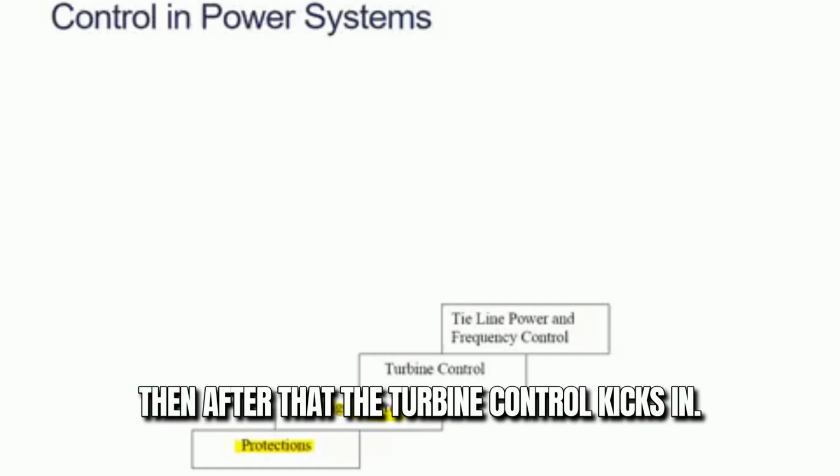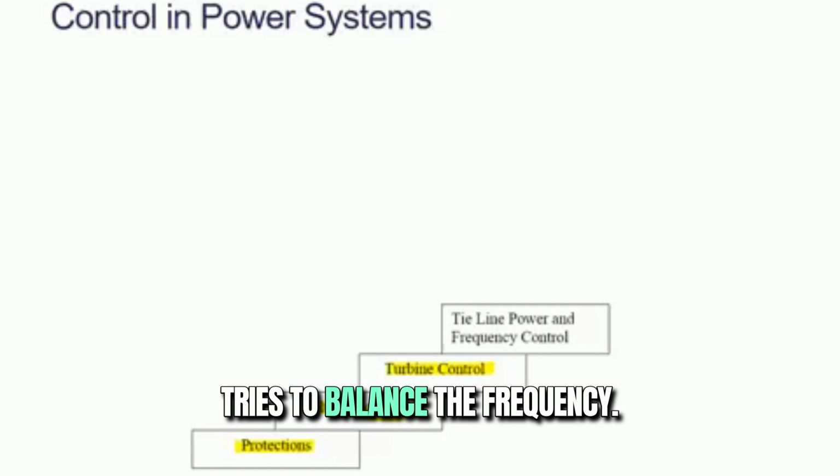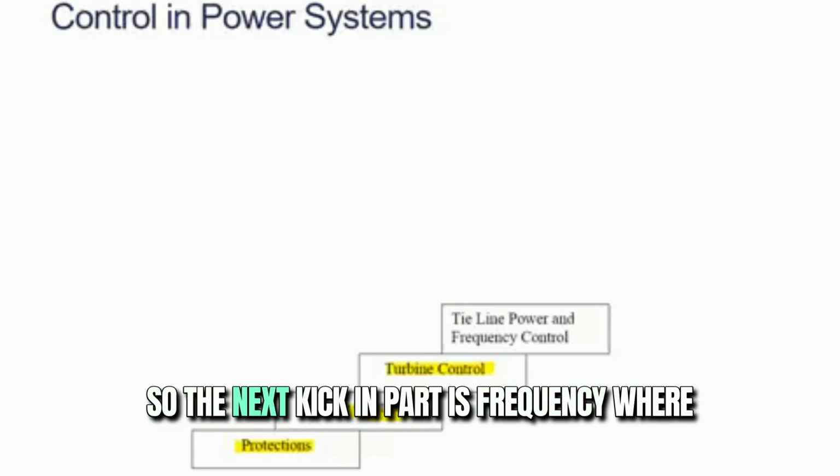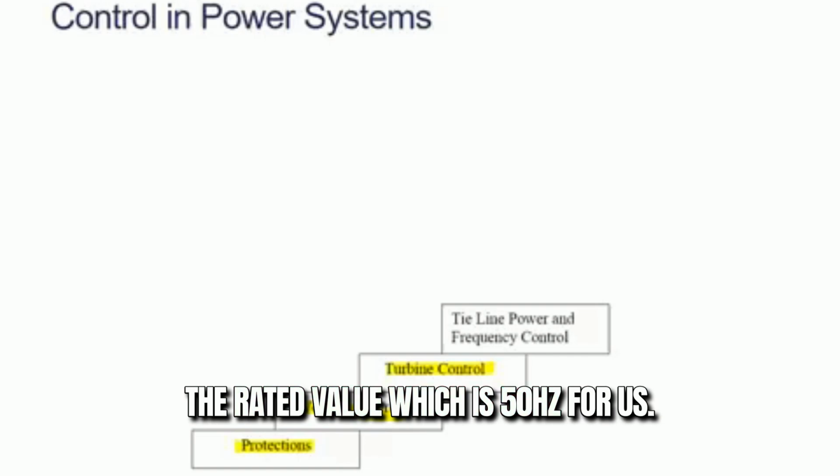And then after that the turbine control kicks in. Turbine control actually tries to balance the frequency. So the next part is frequency, where frequency is stabilized and brought back to the rated value, which is 50 hertz for us.